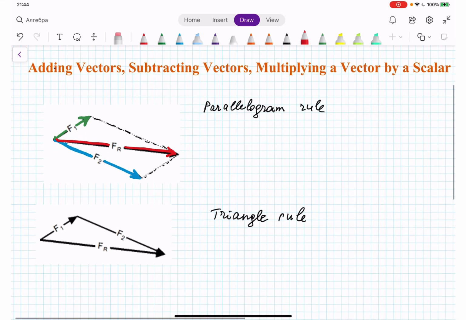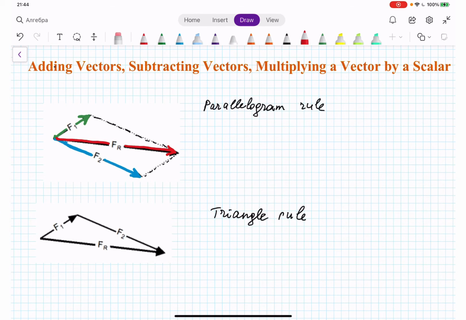All right, so F_R is equal to F1 plus F2. Okay, and the beginning of the resulting vector coincides with the beginning of the first and second vectors.